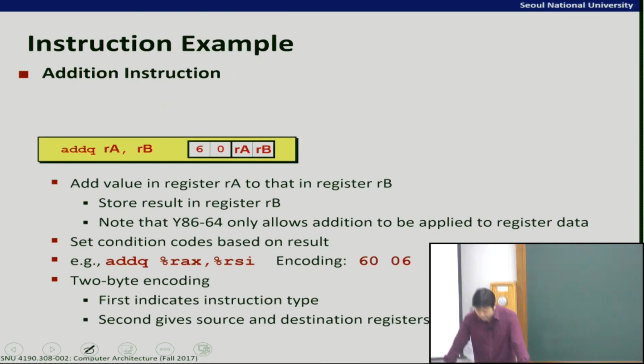So let's take a look at more concrete examples of instructions, like add. So here's the addition instruction, add. It takes two register operands, RA and RB, and it's encoded as 60 followed by two register specifiers, RA and RB. So it's a 2-byte instruction.